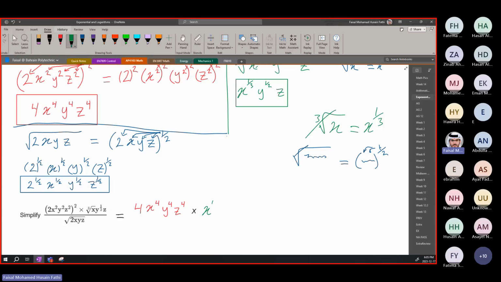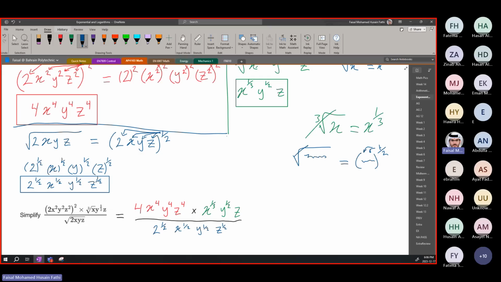X 1 over 3, y 1 over 2, z. All of this will be divided by the blue. 2 to the power of half, x to the power of half, y to the power of half, and z to the power of half.